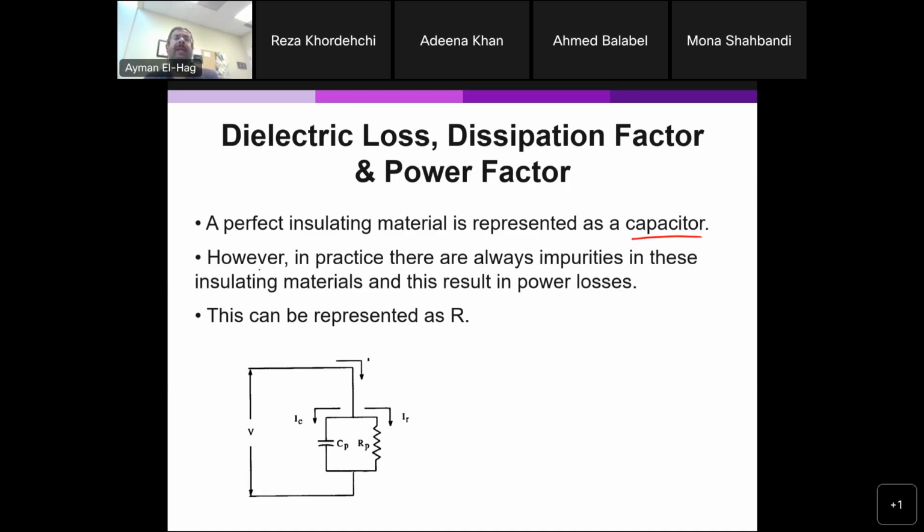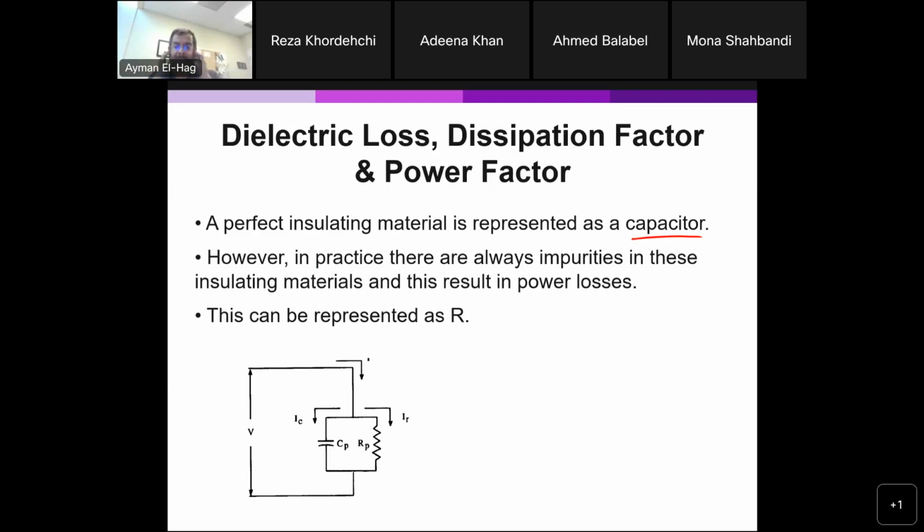Because if it is only a pure capacitor, then the resistance will be infinite, because the charging current, the absorption current, will die out. There is no current, so current becomes equal to zero. If the current becomes equal to zero, then you will have an infinite resistance. But we notice there is another current, a third current, which is the leakage current. That is a purely resistive current.